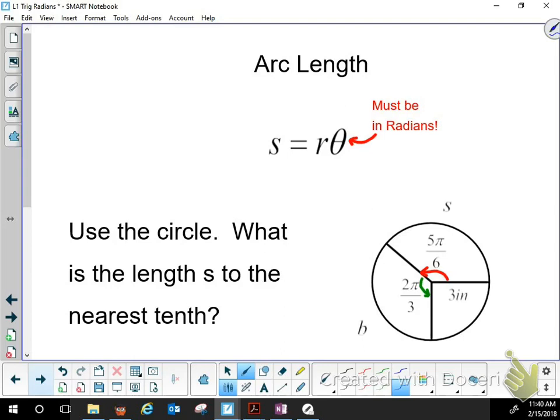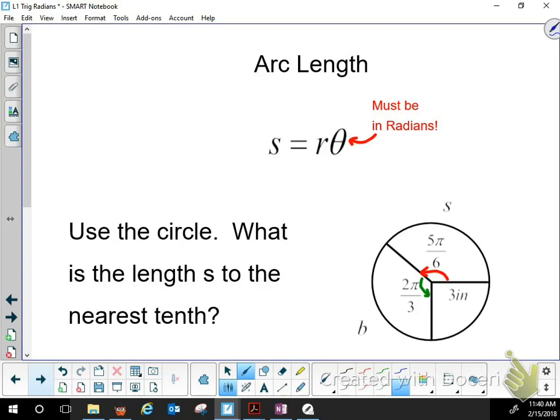Okay, last thing for today is arc length. This is a formula you need to know and memorize. Arc length is S. Don't ask me why, it just is. S equals R theta. R is your radius, theta is your radians, so your angle has to be in radians.